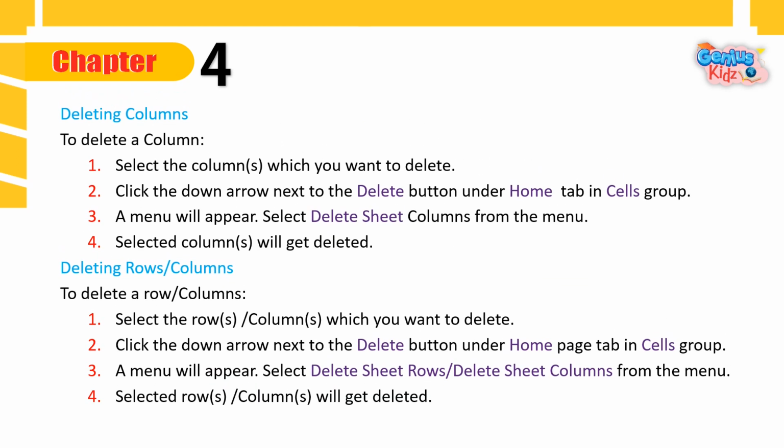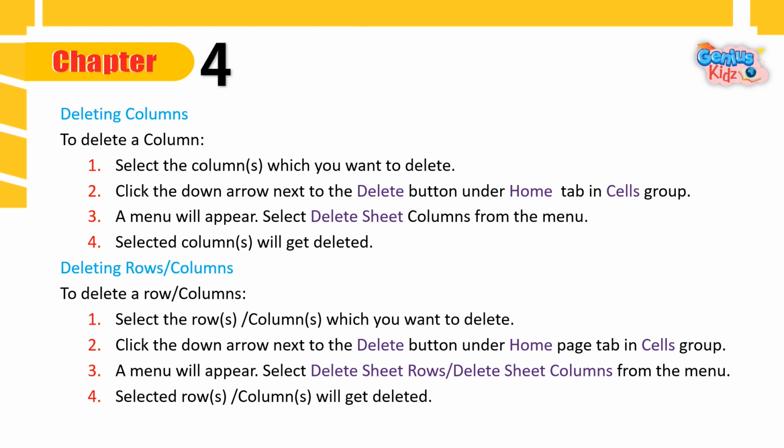Deleting columns. To delete a column: 1. Select the column(s) which you want to delete. 2. Click the down arrow next to the Delete button under the Home tab in the Cells group. 3. A menu will appear. Select Delete Sheet Columns from the menu. 4. The selected column(s) will get deleted. Deleting rows.